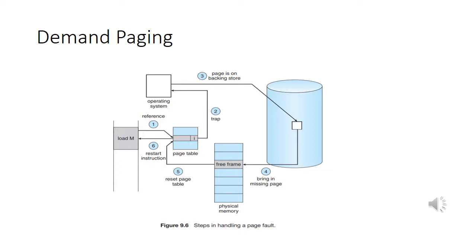Then it is the duty of the operating system to bring that page into the main memory. The operating system identifies the page on the disk. The page is permanently stored on the disk. Then it finds a free frame in the physical memory and brings the missing page into the physical memory. When we bring a page into the physical memory, we know that we need to update the page table. Then it resets the page table, and the processor can now restart the instruction.